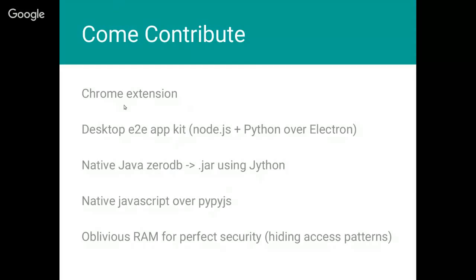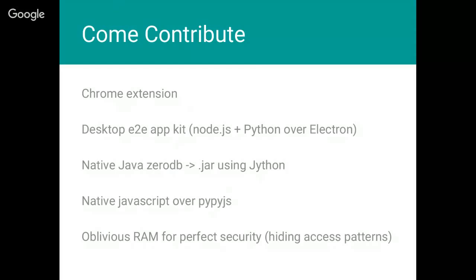So you can actually run real Python in the browser, not even through JavaScript, but the real binary Python. And over there, you can certainly run ZeroDB. So it's possible to write Chrome extensions which use ZeroDB and which talk to the server without the server knowing anything. So writing end-to-end encrypted applications this way.